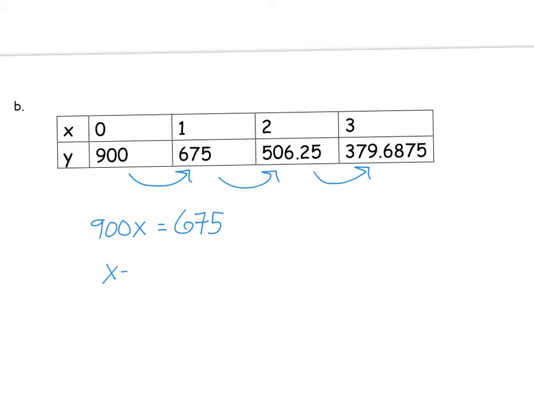So x equals 675 divided by 900, and we get 0.75, which is less than 1. So my rate would be 0.75. So I want 75% of the previous term. 75% of 900 is 675, and so on and so forth. So it is decreasing by 25%.